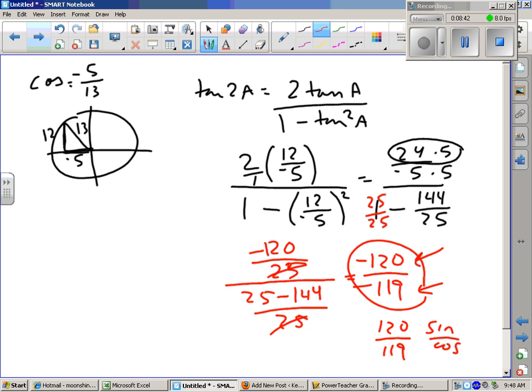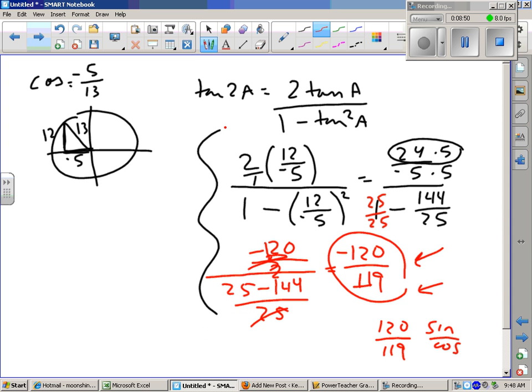So instead of going through all of this rigmarole, you could just take sine over cosine and reduce them, and you'll get that. So it's up to you. If you're just given tangent, then you got to do it this way. If you're given all three, you can use sine and cosine to get your tangent. All right, so that's double angles, and I'm going to wait to do half angles the next time.